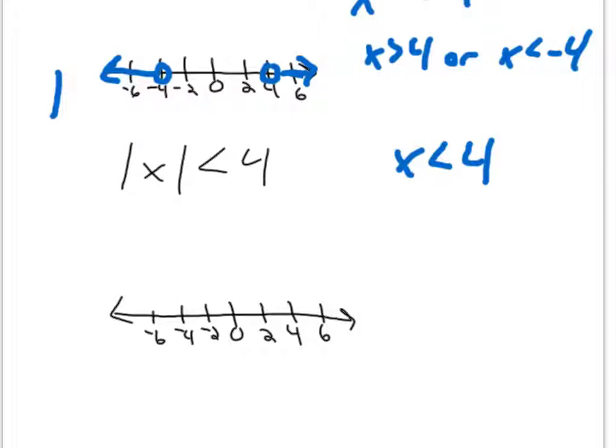Now we also want to compare it to a negative. So what kinds of numbers have an absolute value less than 4 that are around here? Well, if I did negative 5, the absolute value of negative 5 is 5. That's bigger than 4. That's not what we want. We want less than. So that means like negative 3 would be an answer. So our answer has to be greater than negative 4.